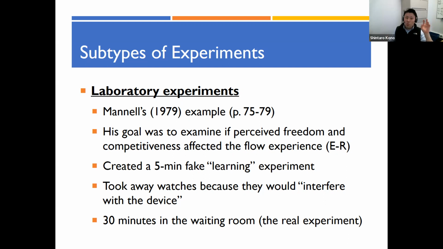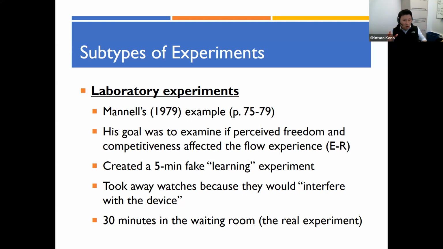I really want you to read this part. You can see how thoughtful researchers can be when they devise an experiment to narrowly answer specifically the question that they want to answer.